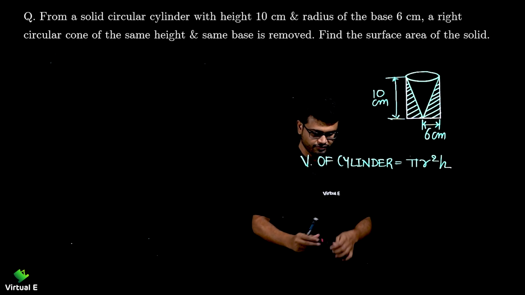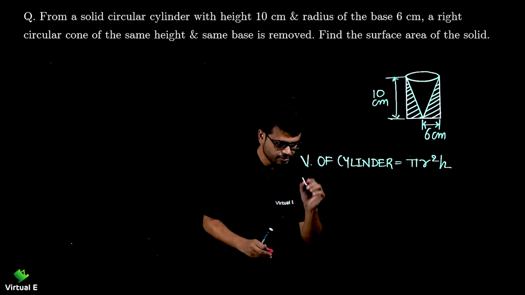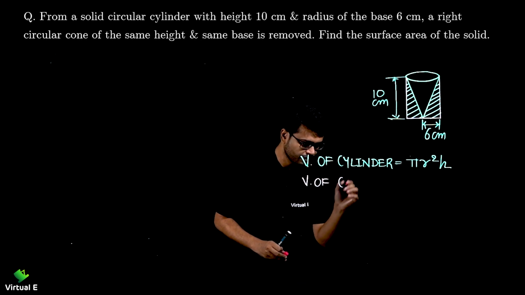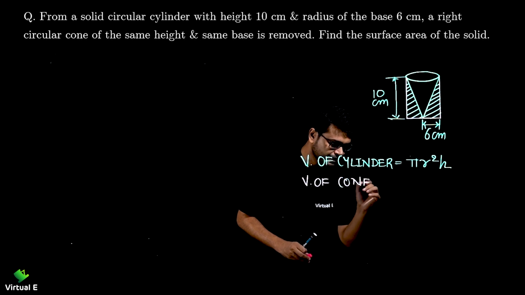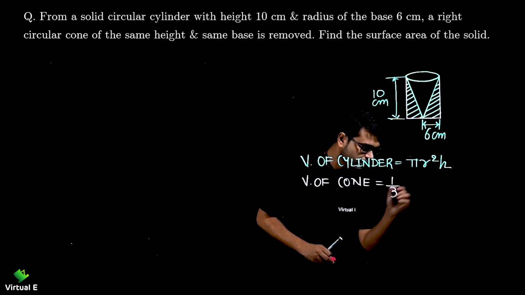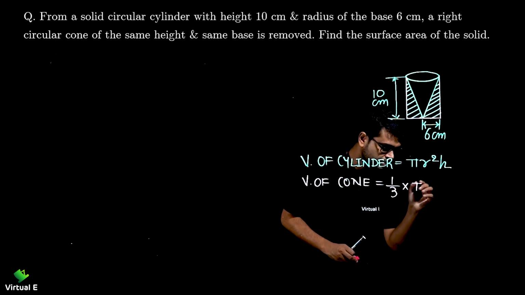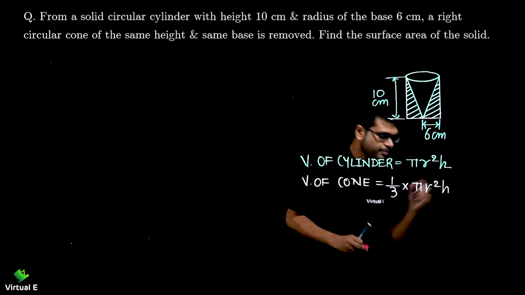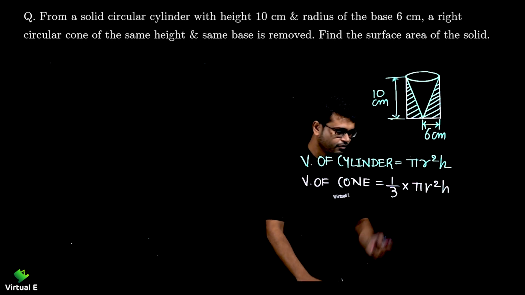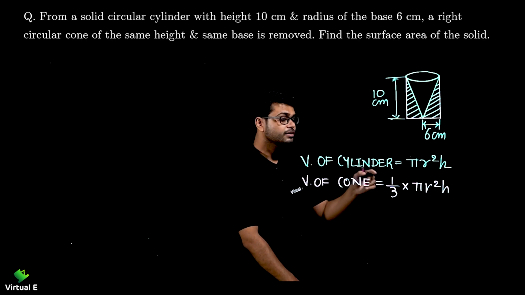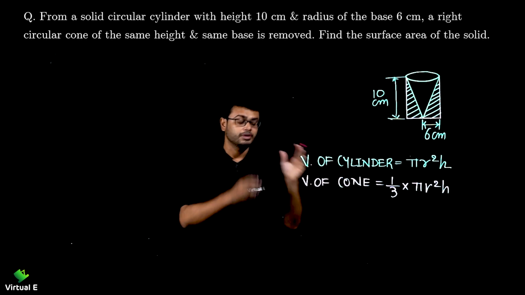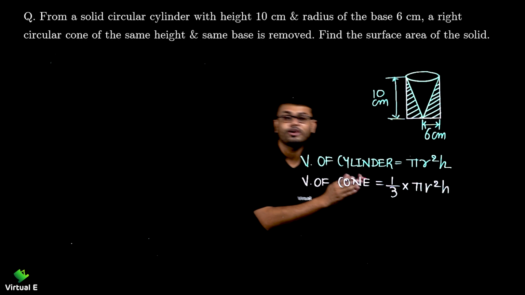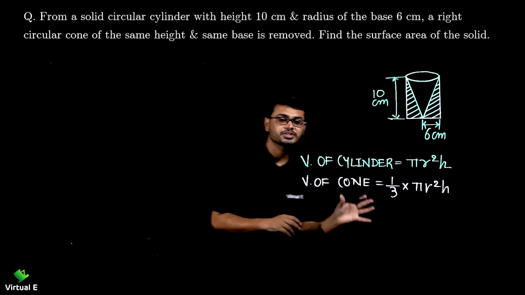And the volume of cone is 1/3 of the volume of cylinder. I'm using this knowledge that the volume of cone is 1/3 of the volume of cylinder.